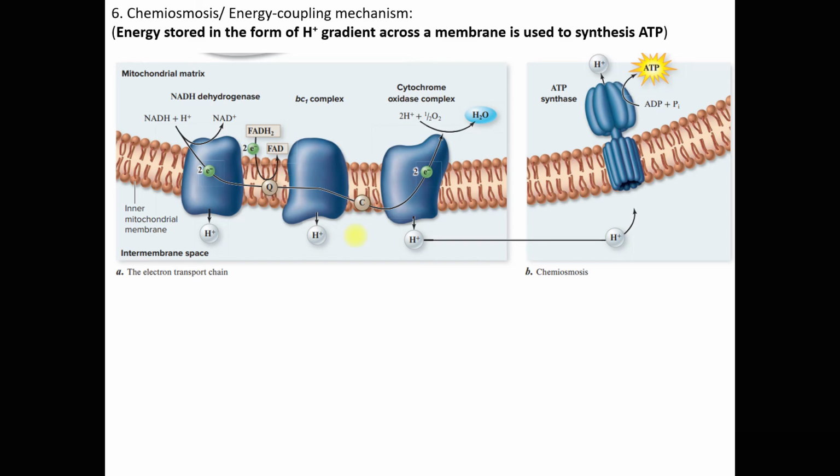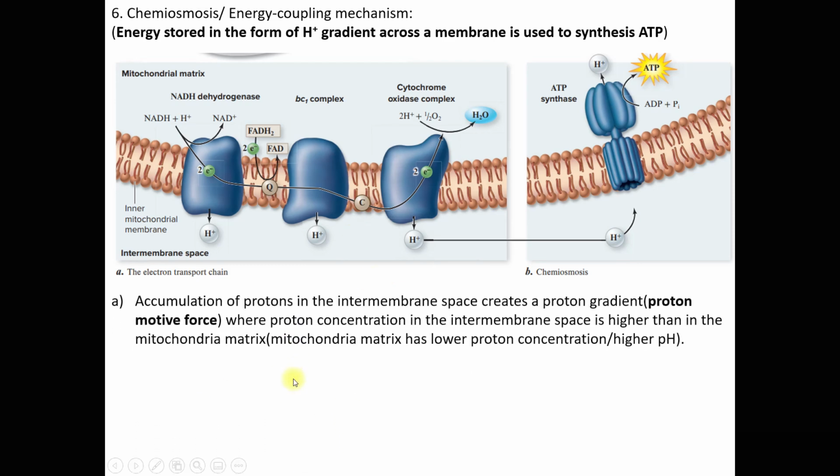Okay, now let's go back to chemiosmosis. Now this is chemiosmosis. Usually there is an ATP synthase, and usually this ATP synthase is adjacent to the electron transport chain. Okay, so now in chemiosmosis, what happens? Accumulation of protons in the intermembrane space of the mitochondria. That is very obvious, right?